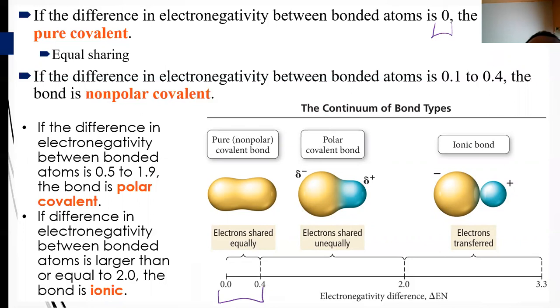As that difference in electronegativity increases, we start to see a side that doesn't quite get that electron pair as much. It starts to become a little bit more positive, while the other side gets a little bit more of the electrons and starts to become a little bit more negative. That happens from 0.4 all the way over to that 1.9-ish range. You're seeing different places that this range is somewhere between 1.7 to 2.0.